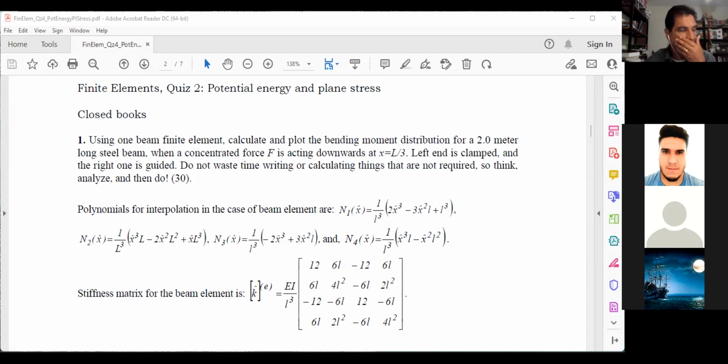In my case I discretize the deflection. Yeah, but can you describe the deflection, the deformed profile?